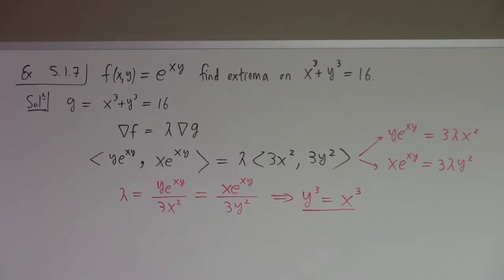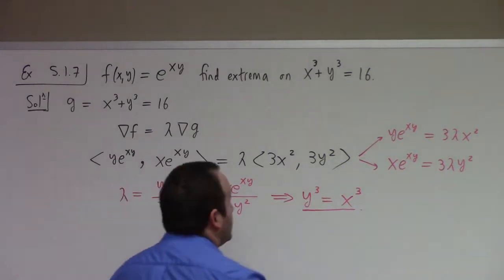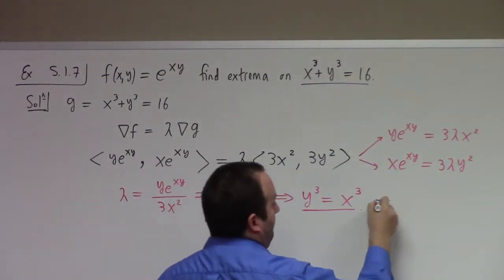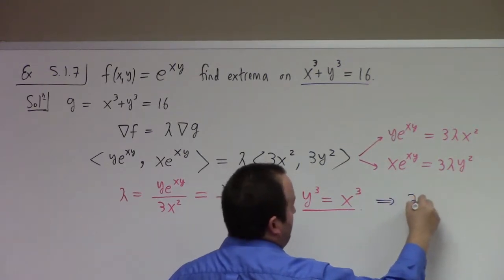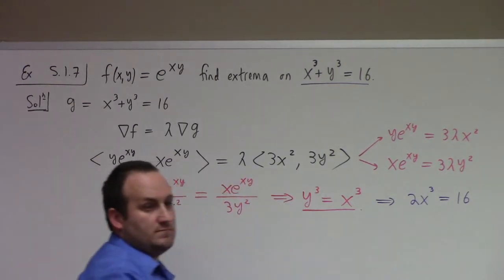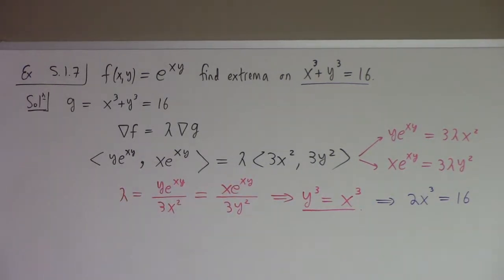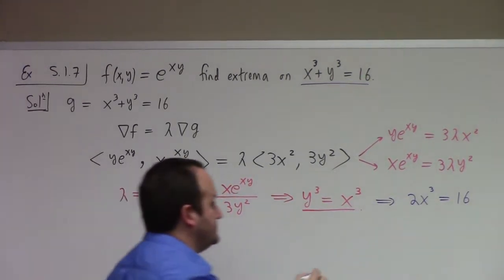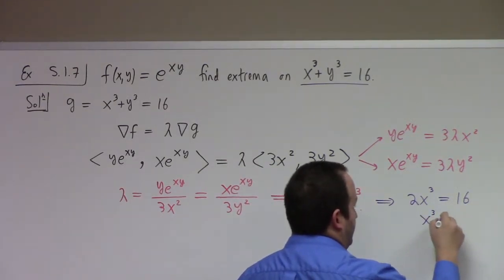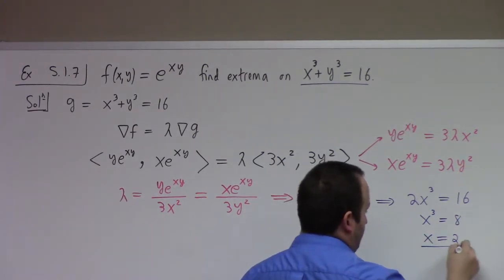Because then we can go back to the constraint up here, and then we get what? 2x cubed equals 16, which we can solve, right? What does this give us? Yeah, x cubed is equal to 8, so x is equal to 2.